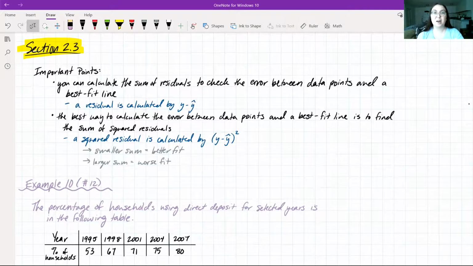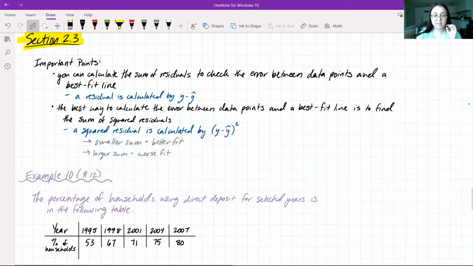So this means that if you have random data and you want to fit a line to make it like a prettier image, essentially, you want to create an equation that best represents your random data. So we know that a residual is calculated by y minus y hat, meaning our y that we got from an equation.